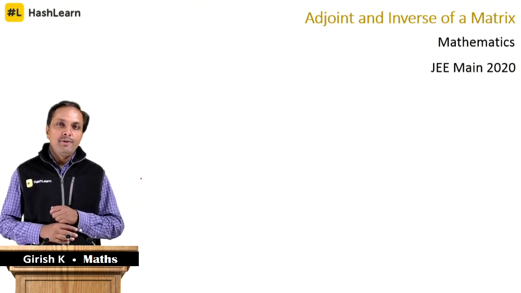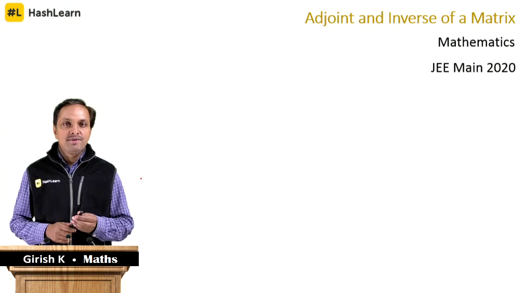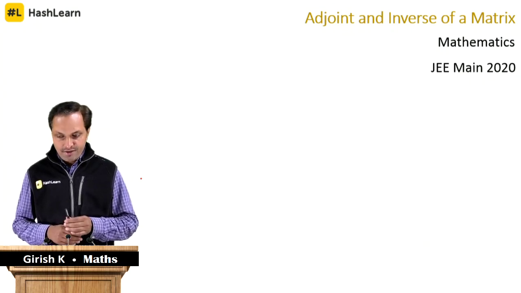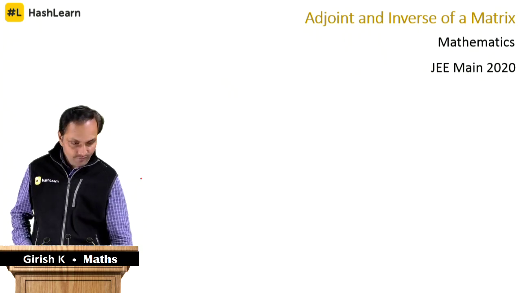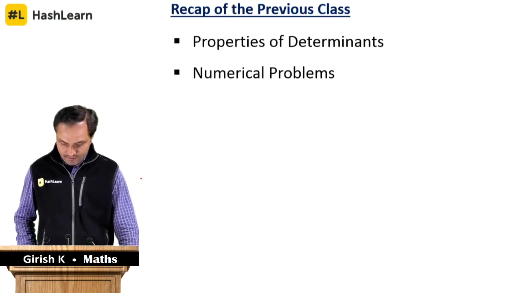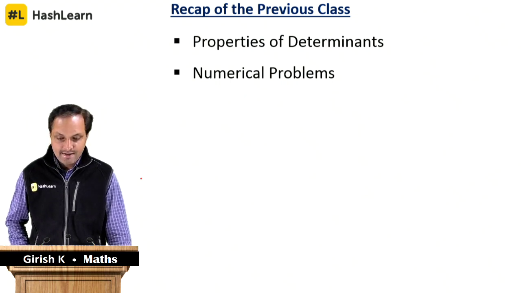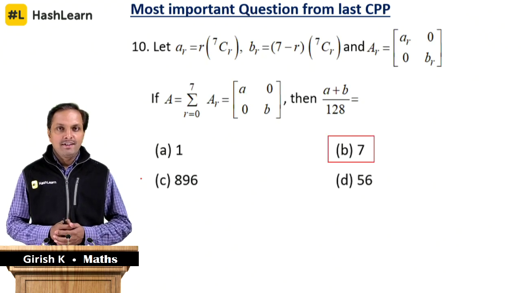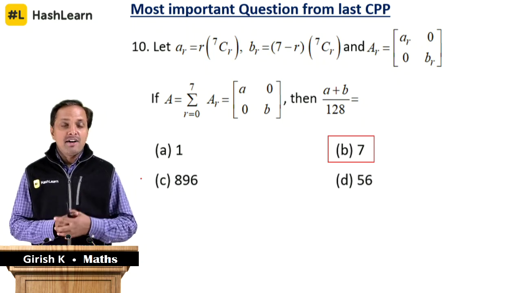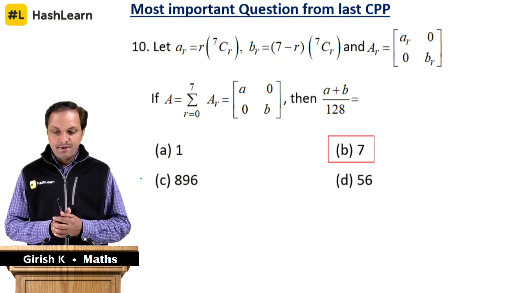So in the last class we were doing the problems on properties of determinants. So here is a problem from the last class practice pack, that is CPP. You know that passport holders have access to CPP.